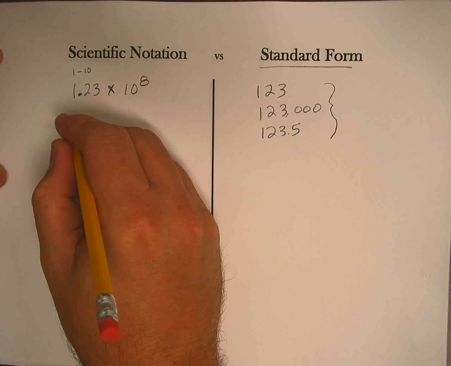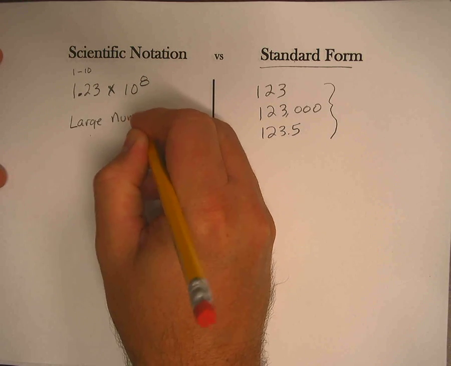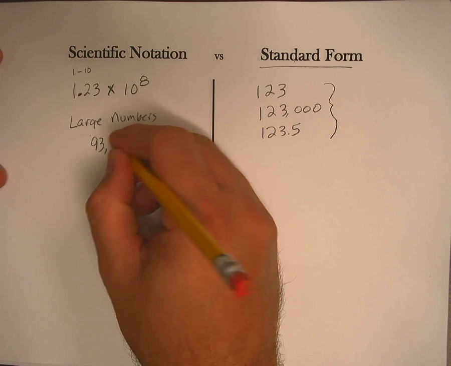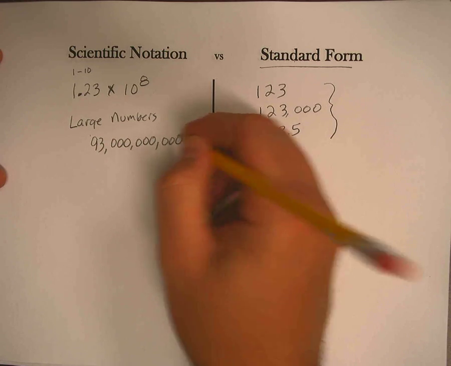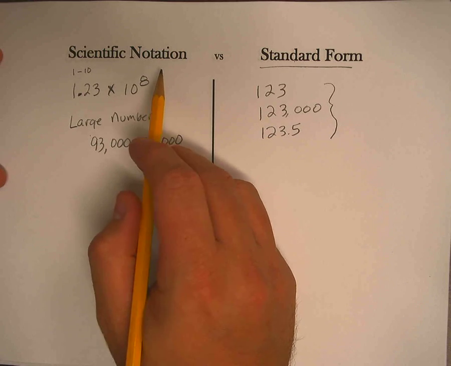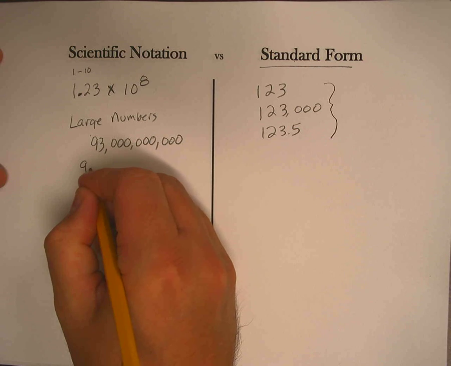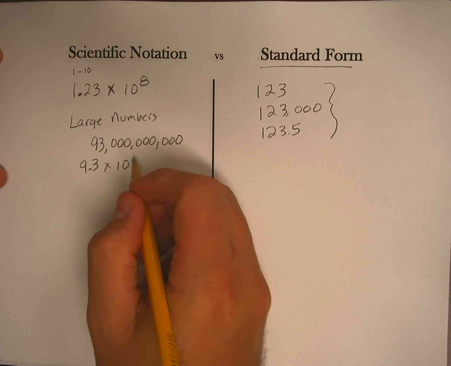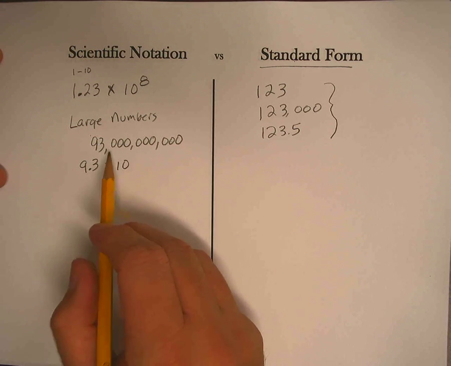Again, we use this for very large numbers. For instance, 93 billion is written like that. Well, we can write that number using scientific notation and use a lot less digits. Again, the decimal is between the first number and times 10, and this exponent indicates how far we have moved the decimal.